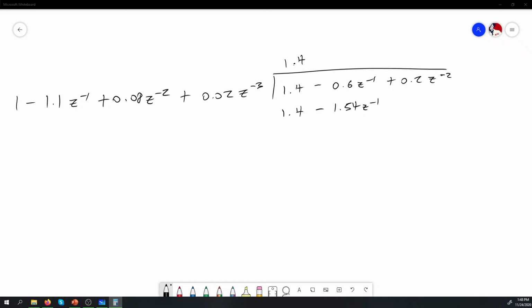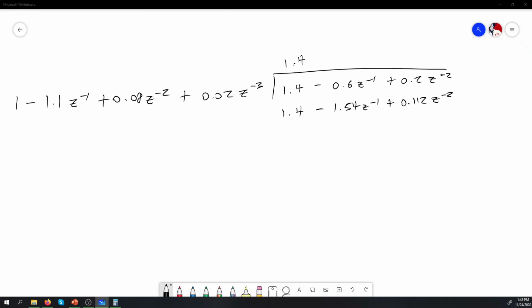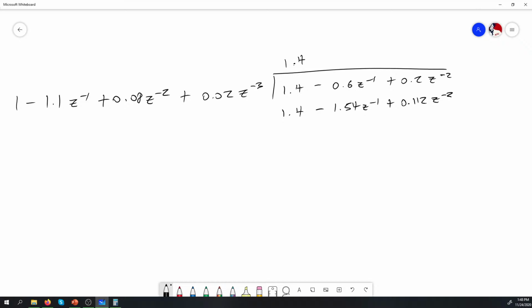That's 1.4 by 0.08, which gives us 0.112. And then we have 1.4 here being multiplied by 0.02 z to the minus 3. That's 1.4 by 0.02, which gives us 0.028.